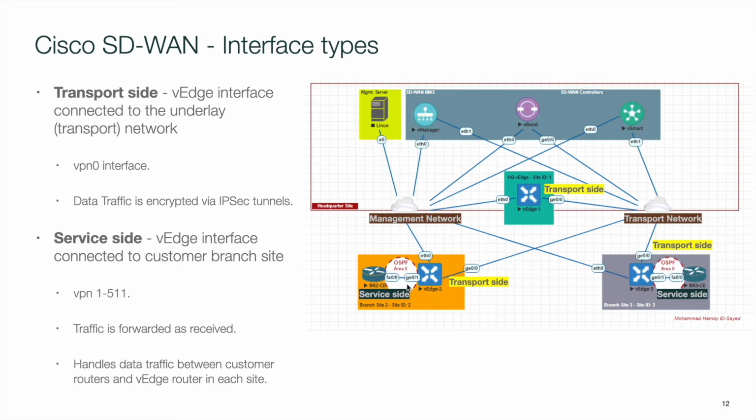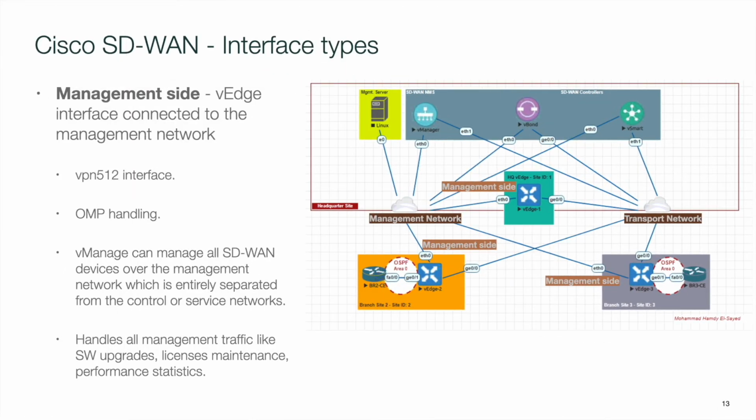This interface is represented by a VPN interface, and the VPN interface has a number with a range from 1 to 511. Traffic is forwarded as received. The vEdge router sends traffic over the IPSec tunnel to another vEdge router, then the traffic is forwarded to the service interface. The service interface handles data traffic between customer routers and the vEdge router in each site.